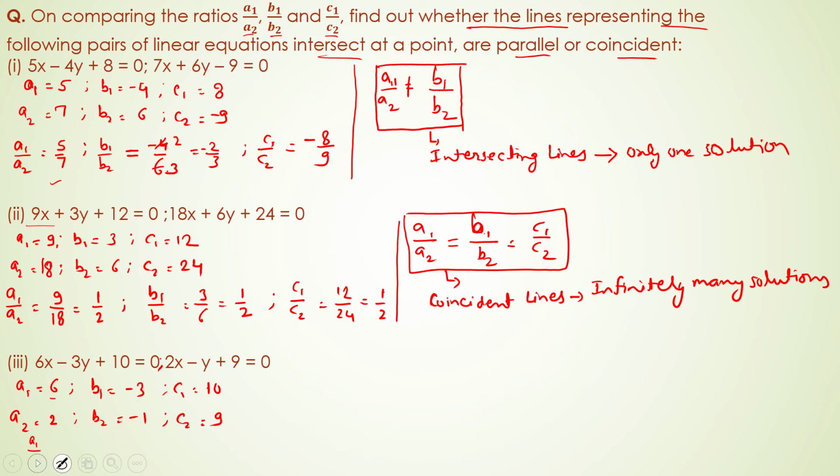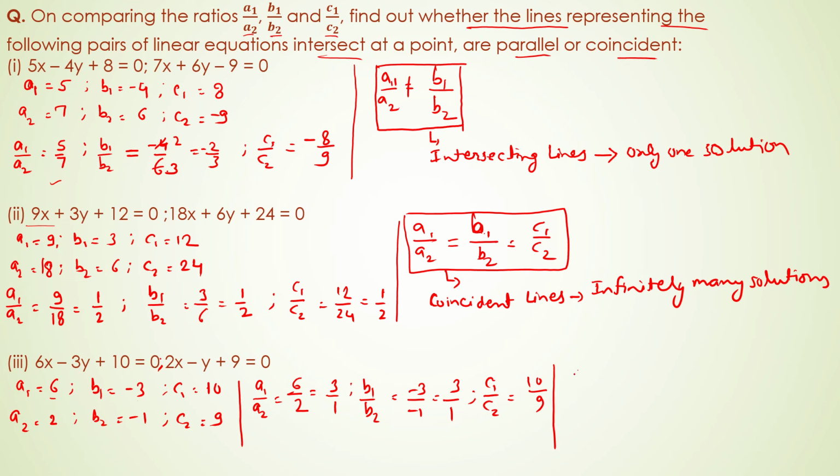Here we get a1 by a2 as 6 by 2, that means 3 by 1, b1 by b2 as minus 3 by minus 1, that means 3 by 1, and c1 by c2 is 10 by 9.